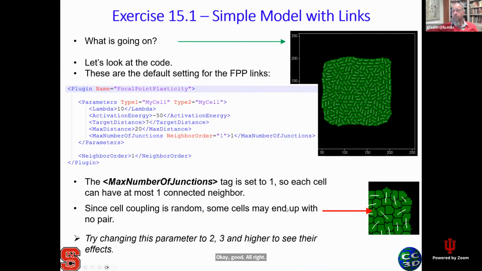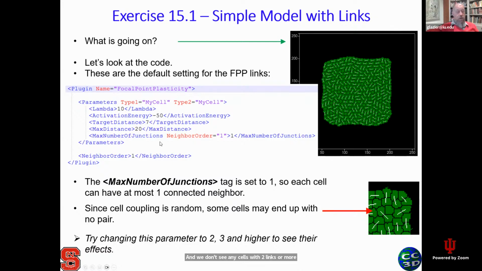So, why do we see what we see? Basically, if we zoom in here, most cells have one link, and occasionally there'll be a cell with no links at all. And we don't see any cells with 2 links or more.